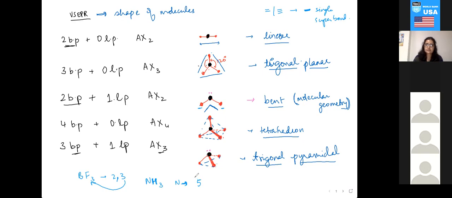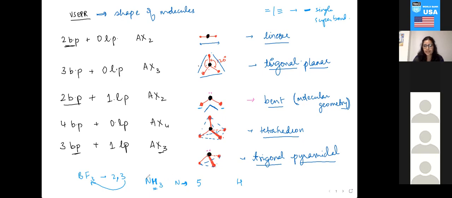Hydrogen has one electron, so it can only form a single bond. It can't form a double bond because hydrogen doesn't have that many electrons.